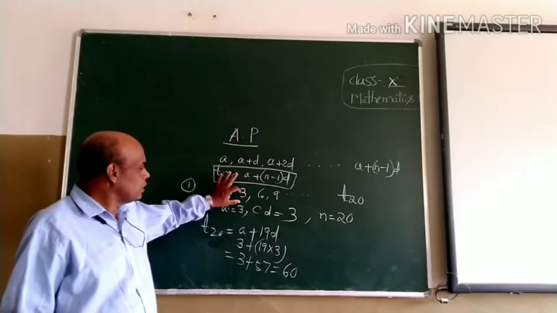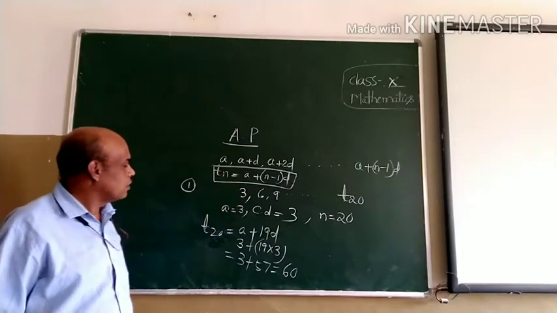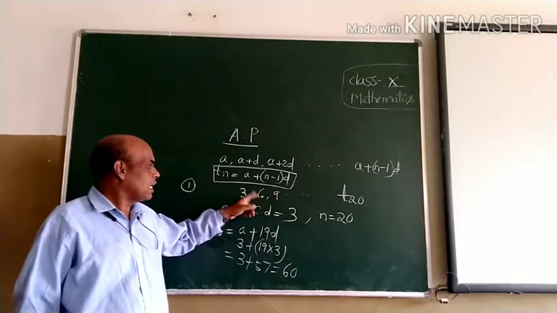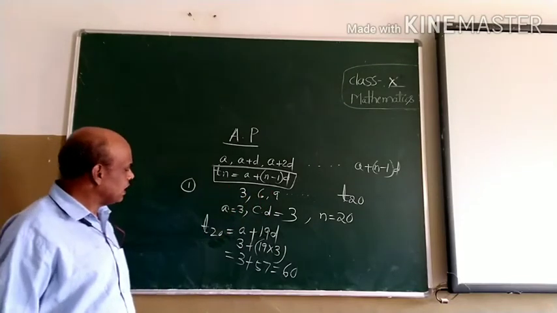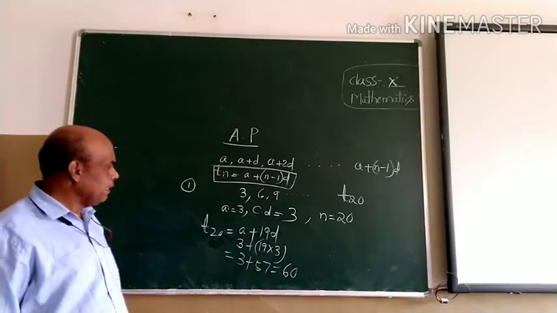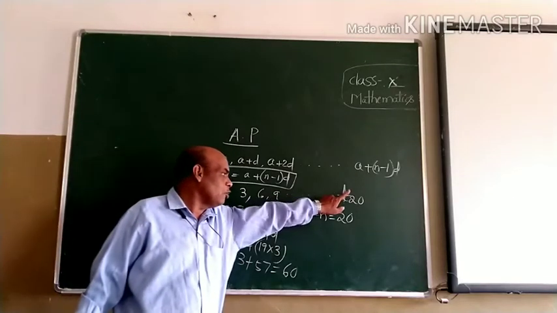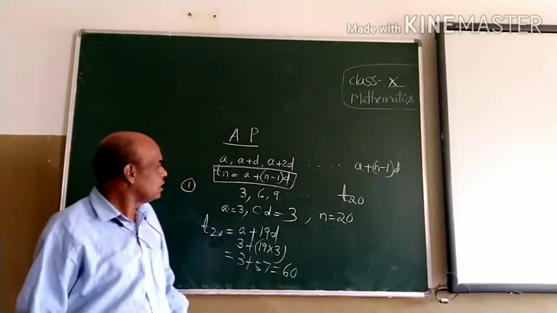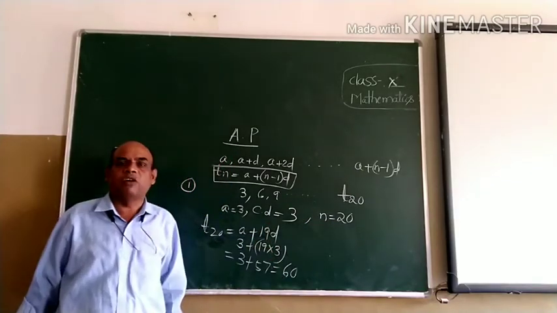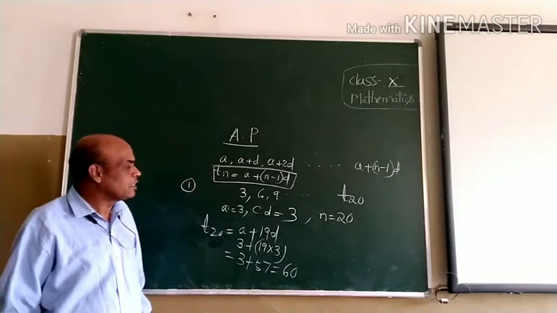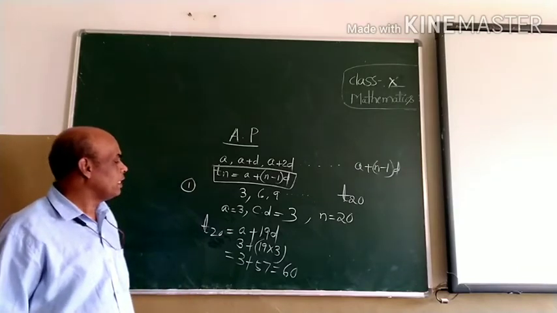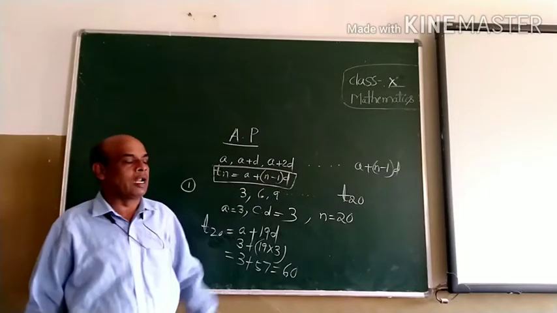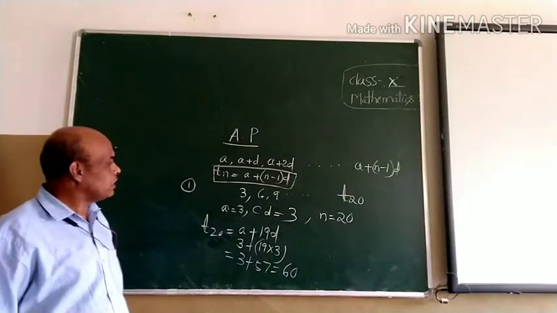The first term is given, and the common difference is also given, because 9 minus 6 and so on. The question is asking that if the last term value is 60, then in this sequence how many terms are there? It means you have to find the value of n. So in this case also you have to use this formula. These things we already discussed.